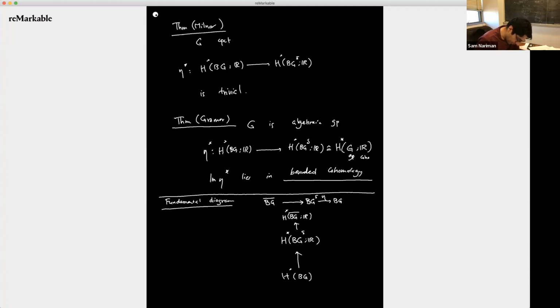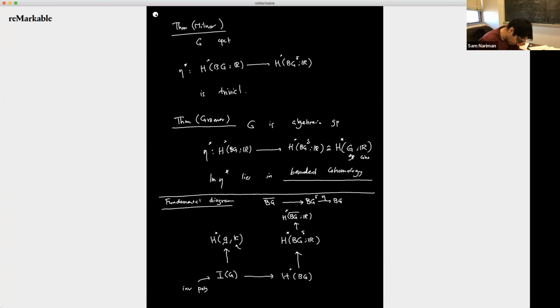So the fundamental diagram is, when G is nice enough, a finite dimensional Lie group, then you have Chern-Weil theory calculating the cohomology of BG for you. This is sometimes called invariant polynomials on the Lie algebra. And then there is the relative Lie algebra cohomology of G with the maximal compact subgroup.